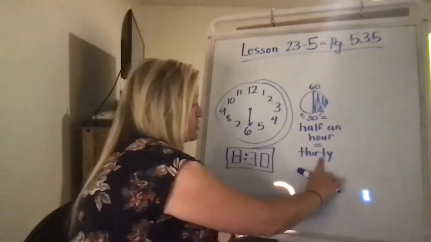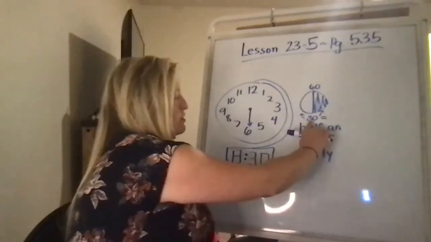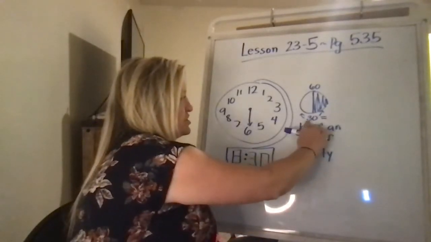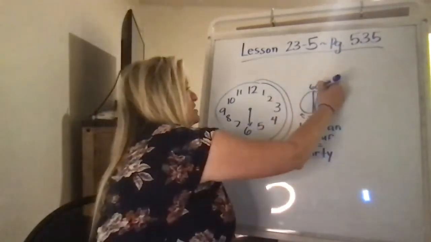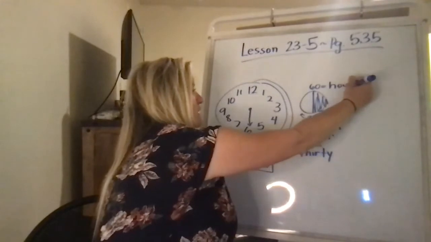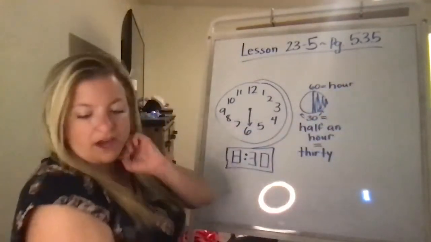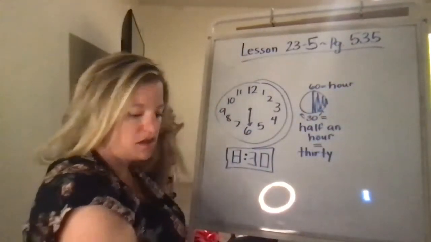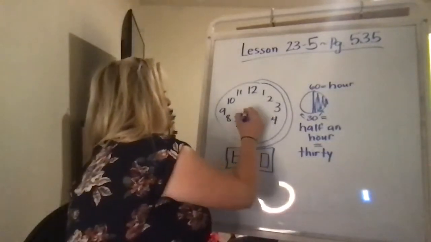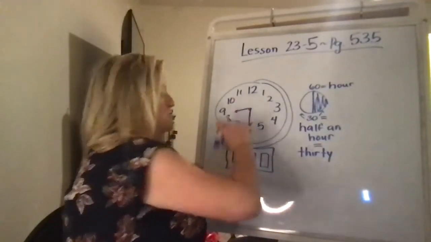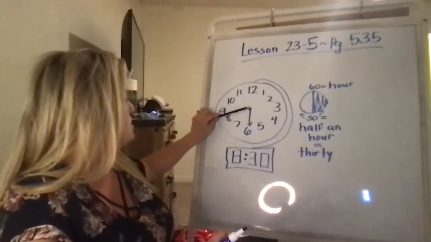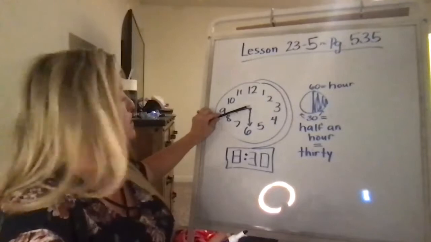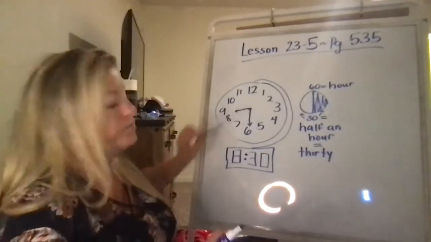So here I wrote 30 with letters, and I wrote it in numbers. These are the digits. 30, half an hour equals 30. 60 minutes equals an hour of time. So anyway, I have 8:30. So I have the 30, and then I know it is just past that 8 because it's working its way to the 9. If it was 8 o'clock, it would be here, right?